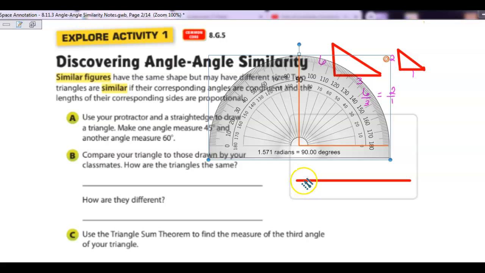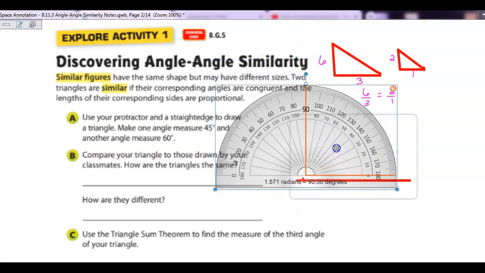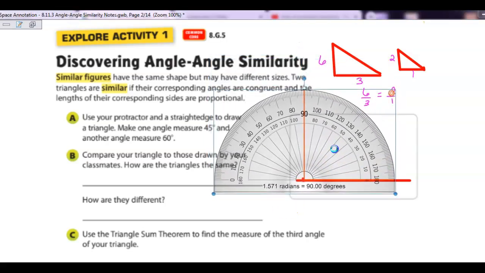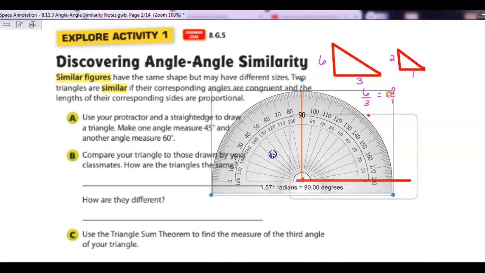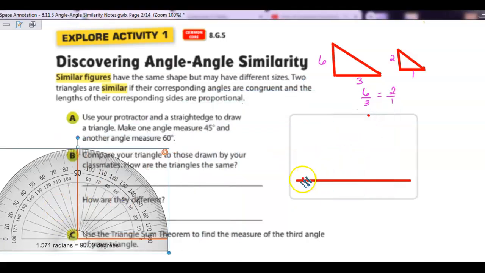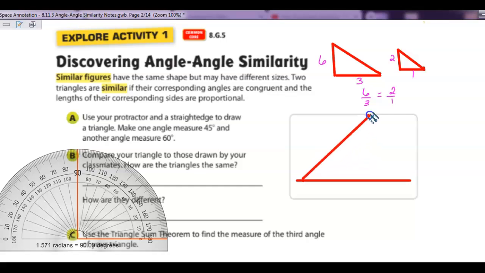So any point on here, and I want it to be 45 degrees, so it'll be somewhere in this ballpark, right? A little bit up from there. There. And then I'm just going to draw from this point to this point, and that makes this a 45 degree angle. So this is a 45.